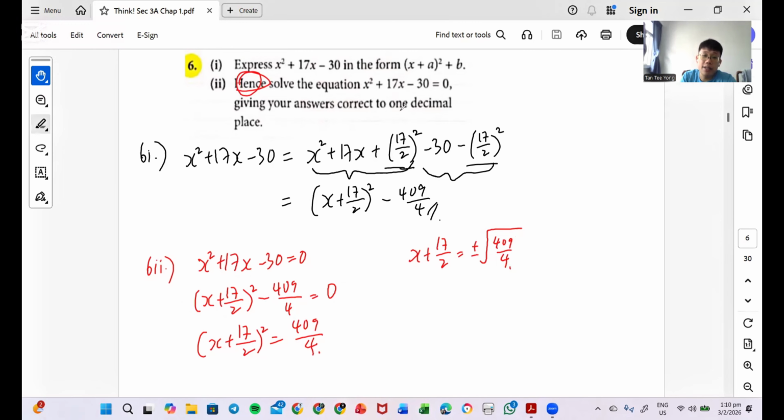The answer is to 1 dp. So x equals negative 7 over 2 plus square root 409 over 4, or x equals negative 7 over 2 minus square root 409 over 4. Then just simplify.